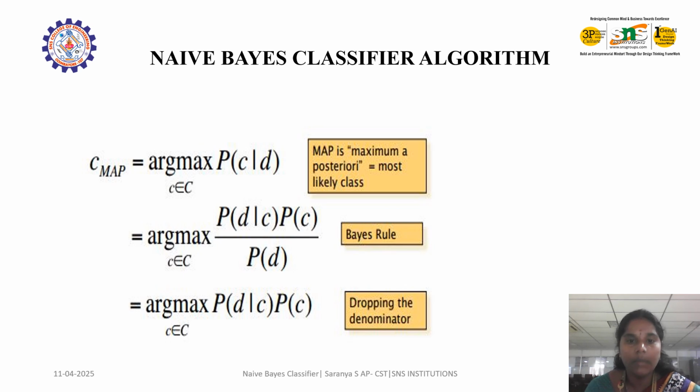MAP is the maximum a posteriori, equal to the most likely class, where small c belongs to capital C. Then the hypothesis value: argmax over c in C of P(D|c) × P(c) / P(D) is the normal Bayes rule. Argmax over c in C of P(D|c) × P(c) is obtained by dropping the denominator of the hypothesis values.